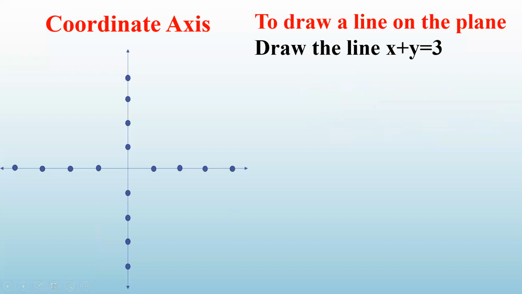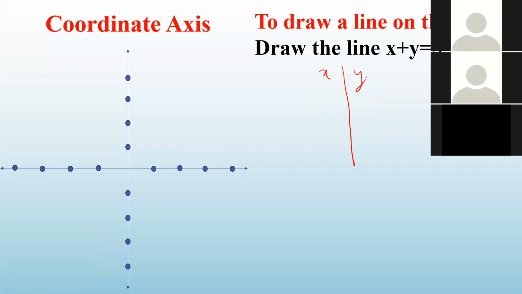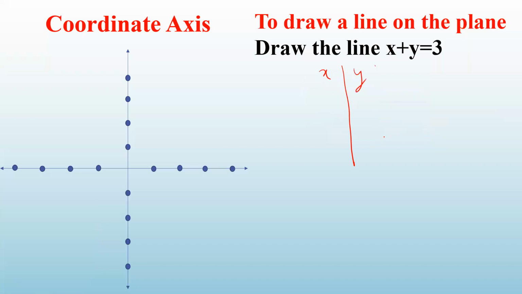So x plus y equal to 3, if you want to draw that line, to draw a line you need minimum 2 points, correct? Which lie on this line. So how to get those 2 points? You just make a table like this. In the first column, you write down the value of x.